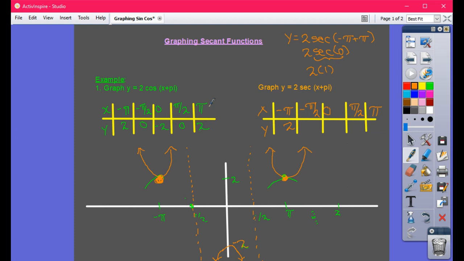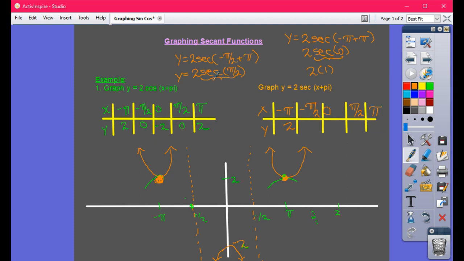It goes upwards. And if I plug in -pi/2, so y equals 2 times secant of (-pi/2 plus pi). -pi/2 plus pi would give me pi/2. So again, in order to find the secant of pi/2, I need to find the cosine of pi/2. So go to pi/2, which is at 90 degrees. The cosine value there is 0.